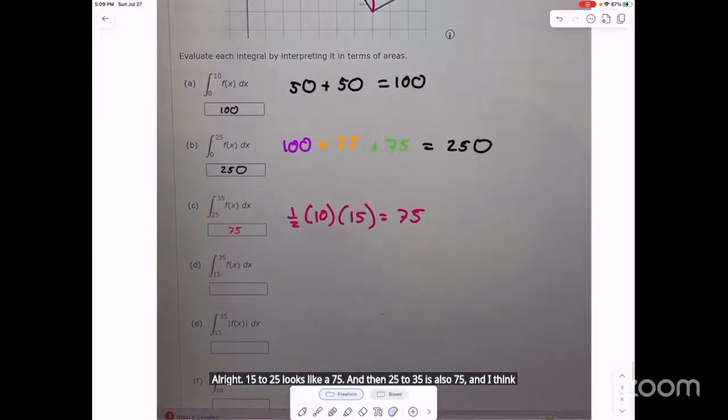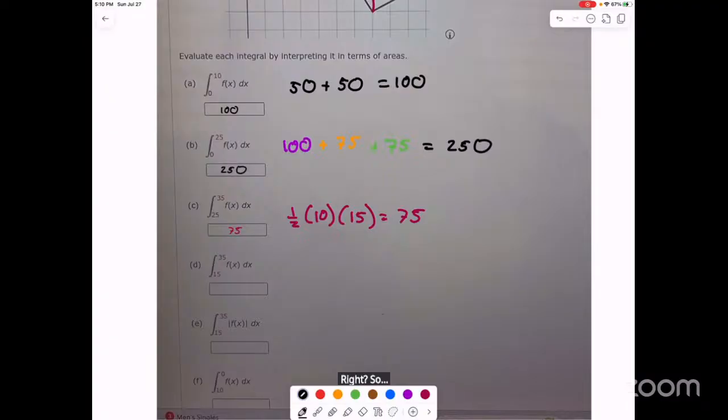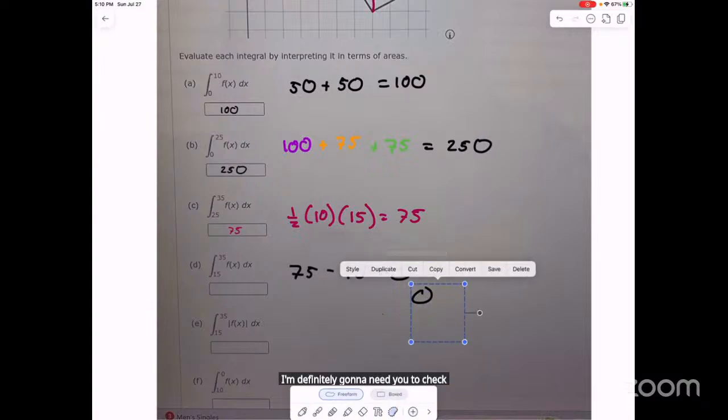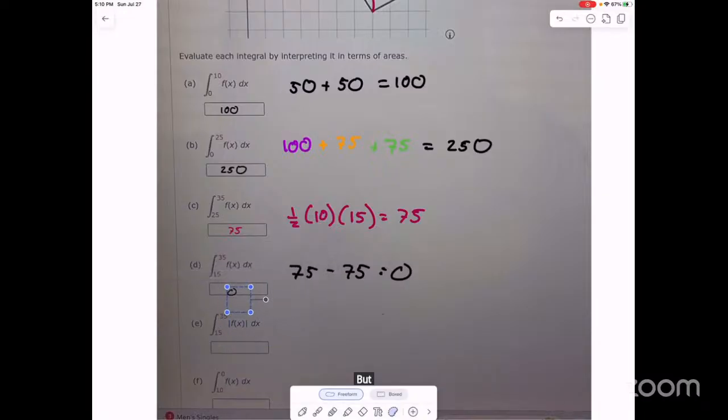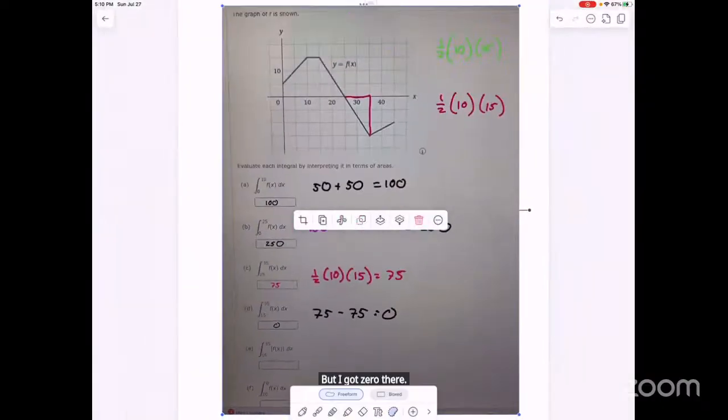And I think we got to subtract those, right? So we would say 75 minus 75 to give us 0. I'm definitely going to need you to check these just to make sure. But I got 0 there.